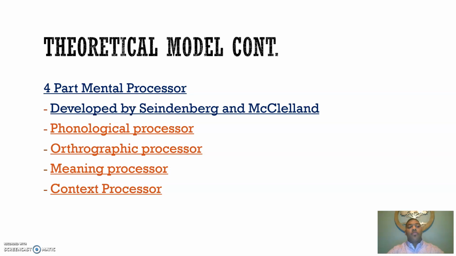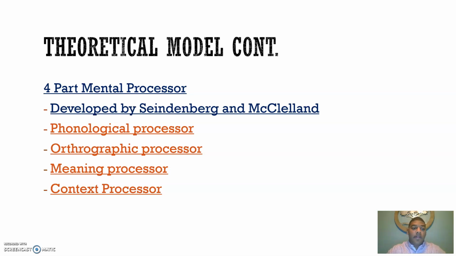And then you move on to the next theoretical model, the four-part mental processor developed by Seidenberg and McClelland. You have the phonological processor, and that phonological processor, this is where we perceive and interpret different sounds of letters and sounds of speech.